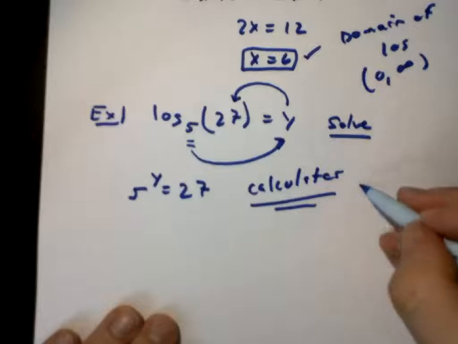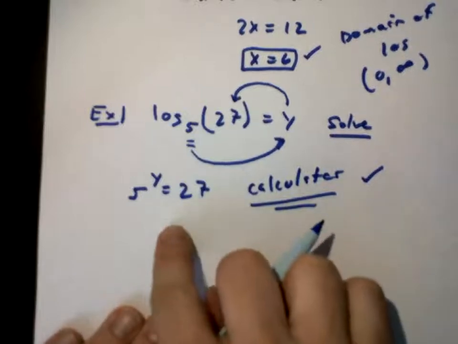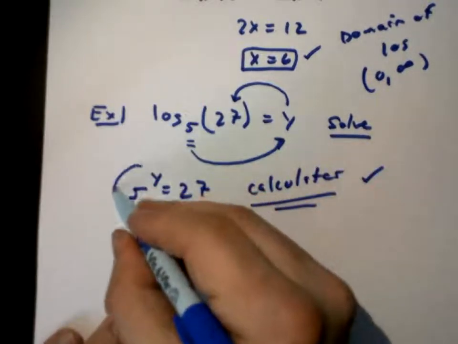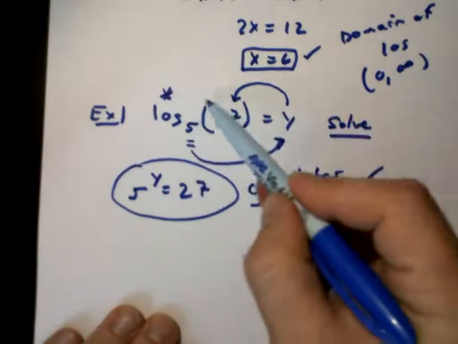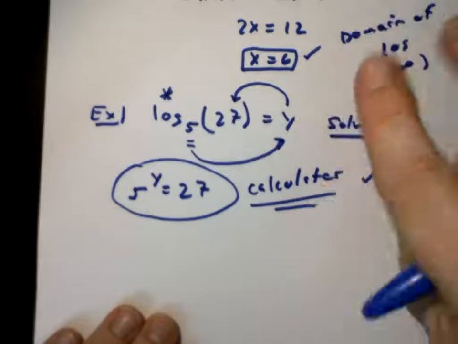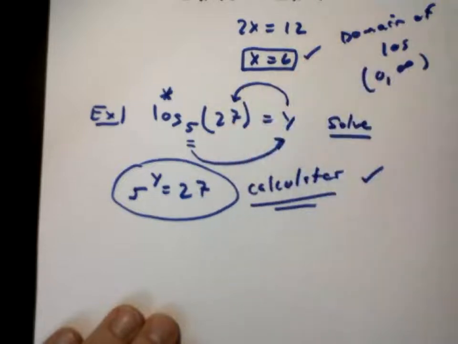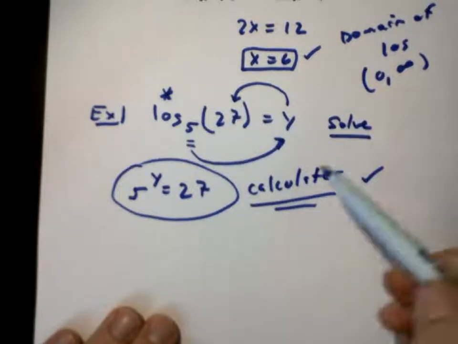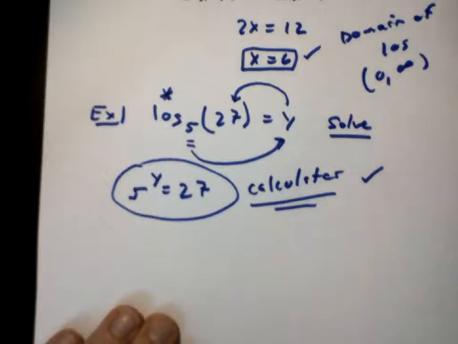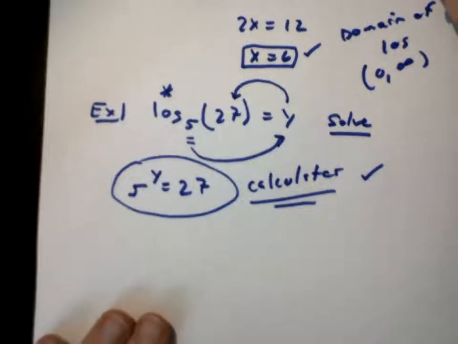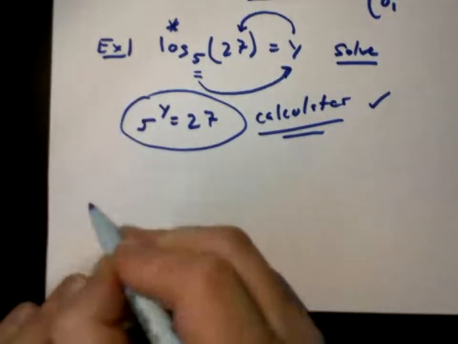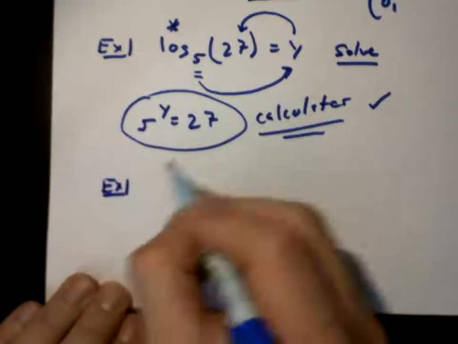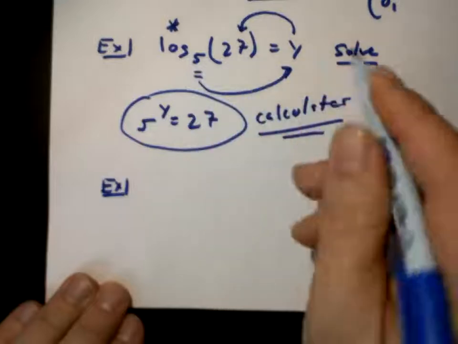If you put this in your calculator, you can get an answer. This is just an alternate way of saying, hey, I can do it the exponential way. This is probably your answer if you put this into a calculator because this part equals y. So you can do this in a calculator later. It's another method of logarithms, but we will get there later in another video probably. So this is all you can do for this.